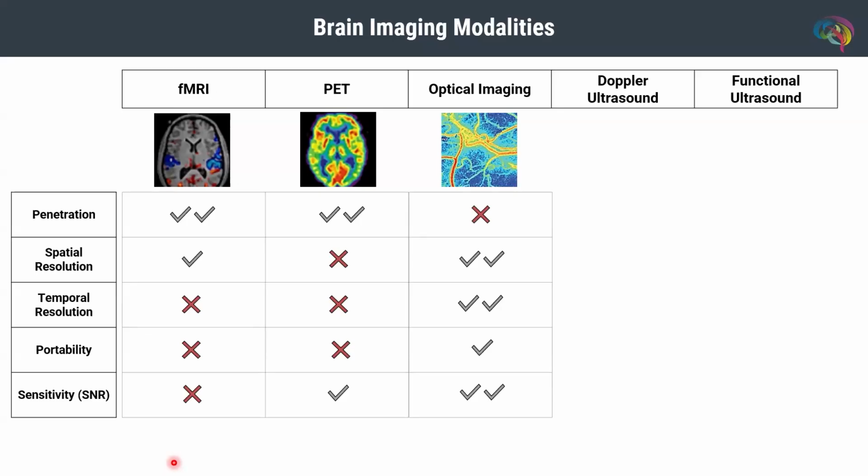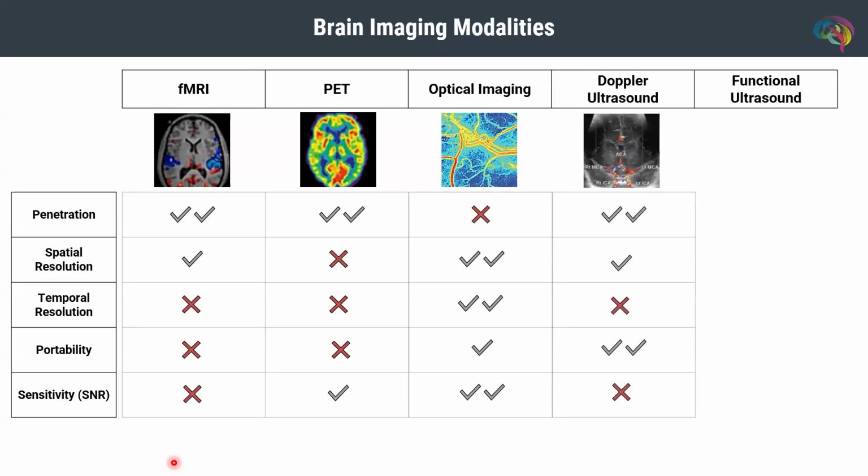And finally, we have the ultrasound-based family of technologies. For example, conventional Doppler ultrasound that you may already know has very good penetration, good portability, and spatial resolution, but it's limited in temporal resolution and sensitivity, again causing its usage to be limited to only some applications, only the main vessels, and not widespread use in neuroscience.